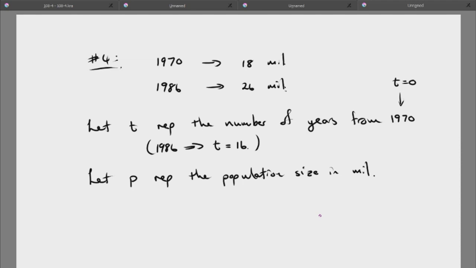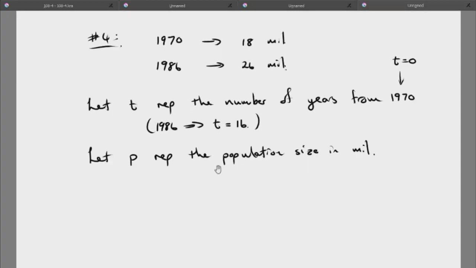And the numbers are nice, 16, 18. They're sort of the same size. It's easier to work with in that case. But you don't have to do it this way. It's just for convenience. Then we've established that the population size is the output, so P equals MT plus B.